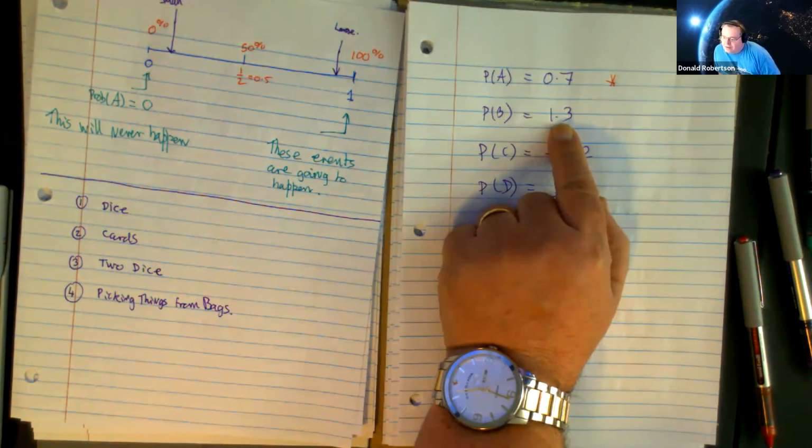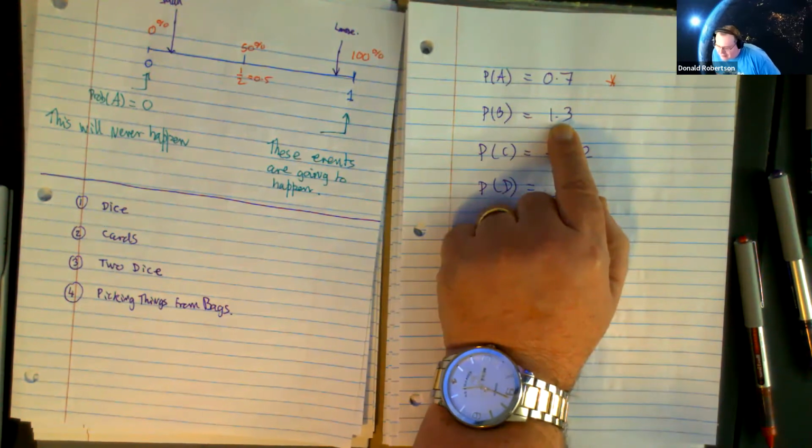Bigger than 1, bad. Can't get a probability bigger than 1. It's like those annoying coaches that say, my men are going to give 120%. If you're really a number person, which I am, can you imagine how that rubs me up the wrong way? You can only give 100%.